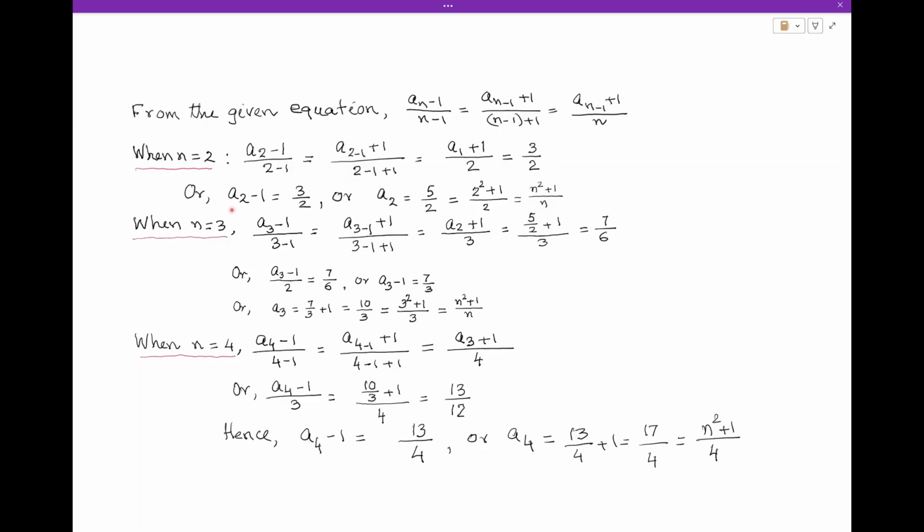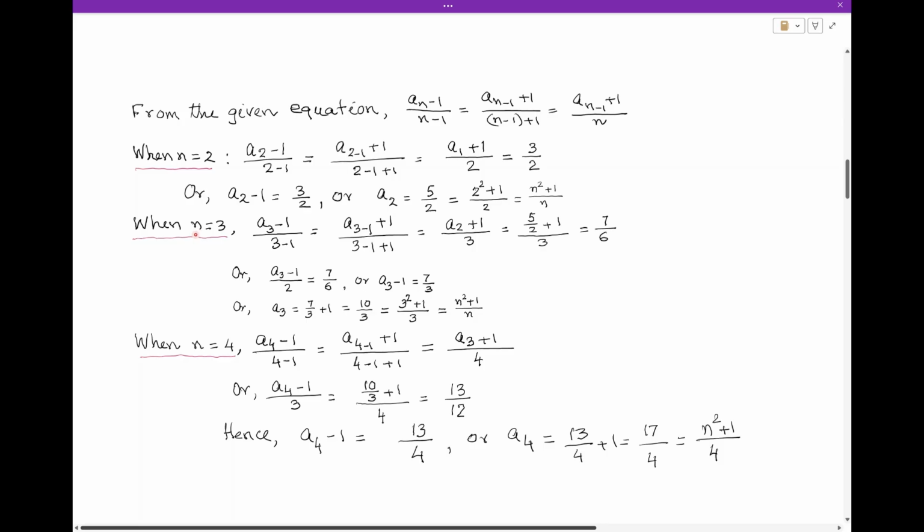Or a2 minus 1 is equal to 3 by 2, or a subscript 2 is equal to 5 by 2. This can be written as a2 is equal to (2 squared plus 1) divided by 2, or (n squared plus 1) divided by n when n is equal to 2.